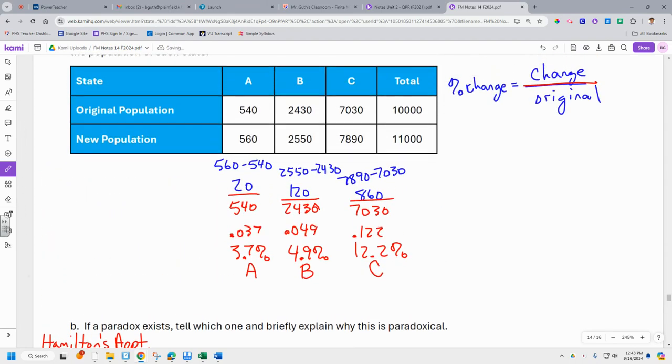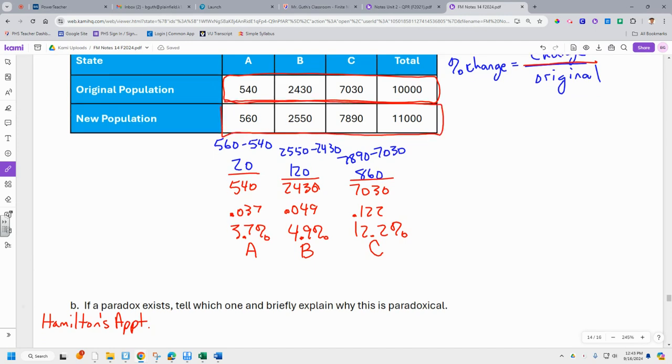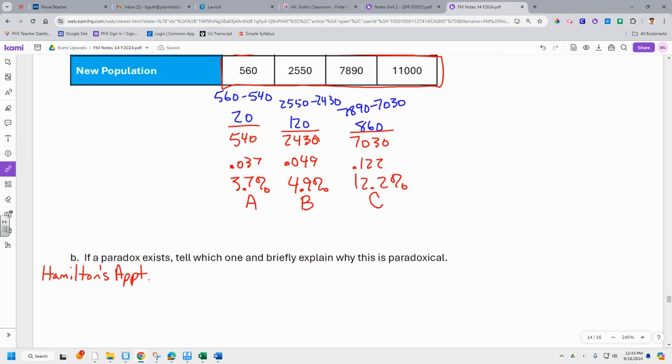But remember, we changed the numbers. The one they did for us was with 10,000, but now we're increasing to 11,000. So we've got to start over with the 11,000.